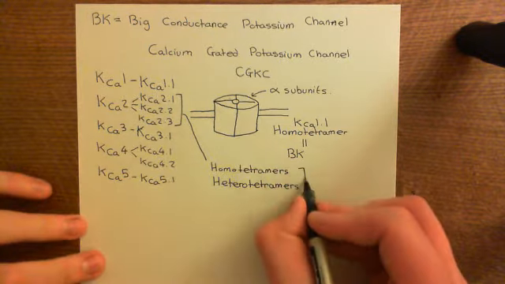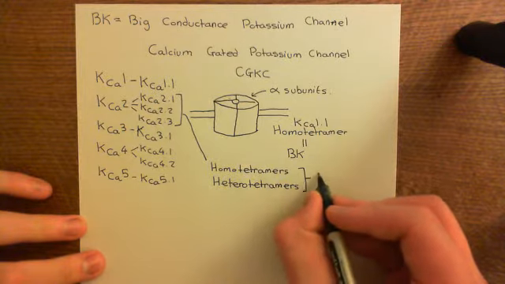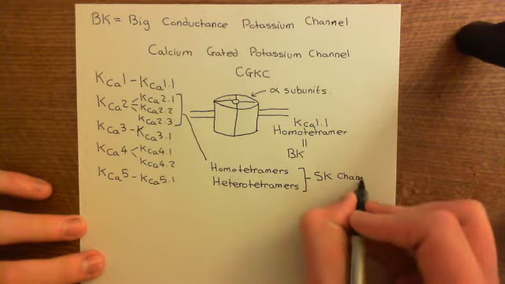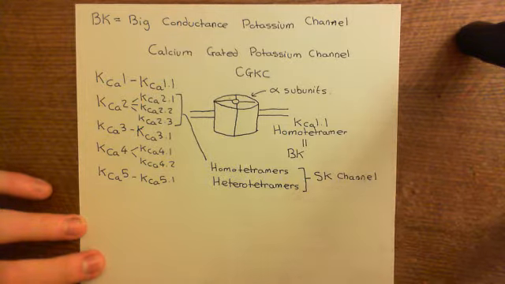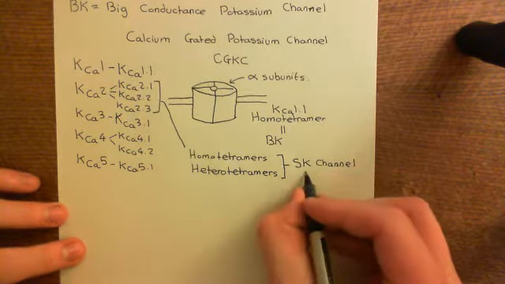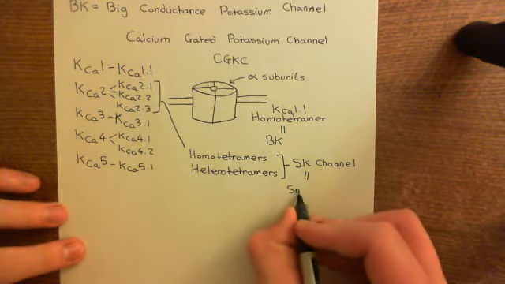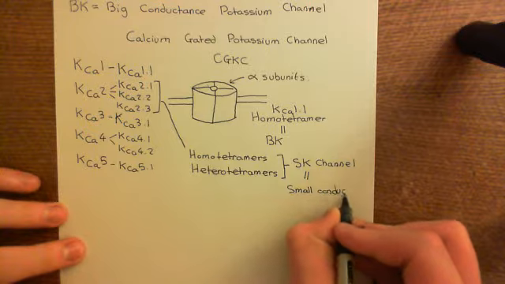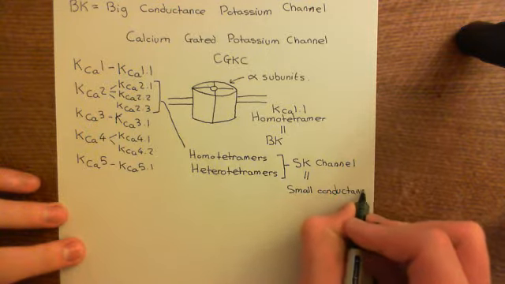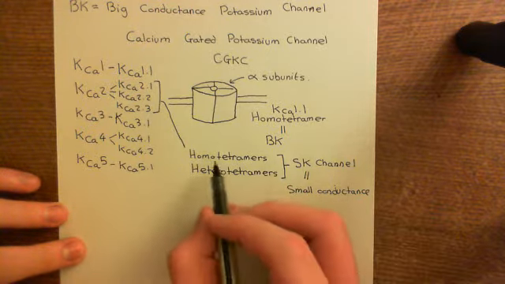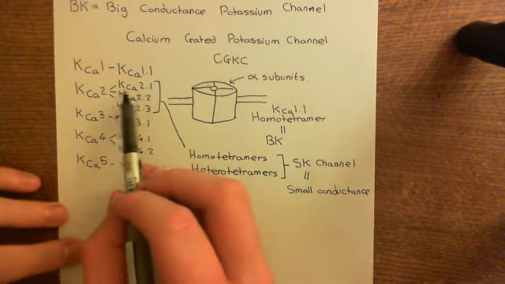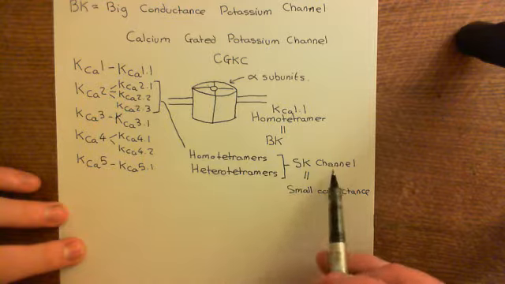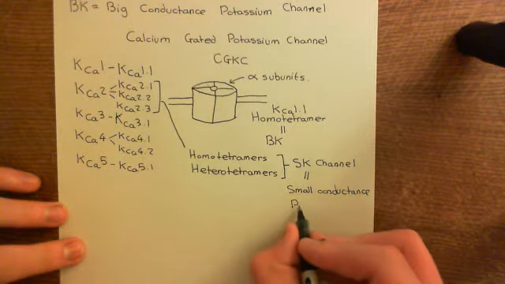And whenever you make either a homotetramer or a heterotetramer out of the proteins in the KCA2 family, then the channel that you get is what is known as an SK channel, and this stands for small conductance potassium channel. So there isn't just one small conductance potassium channel. There are many small conductance potassium channels because, for instance, the KCA 2.1 homotetramer would be considered a small conductance potassium channel.